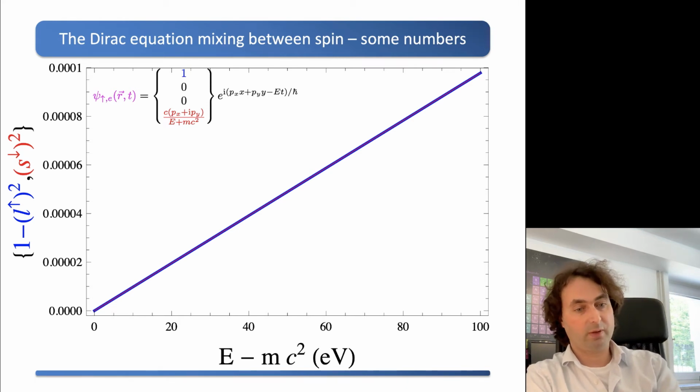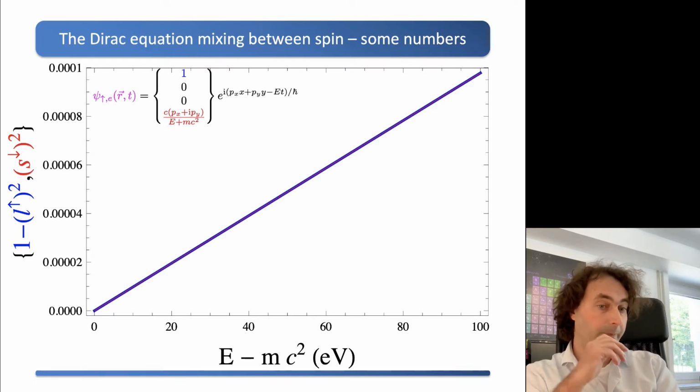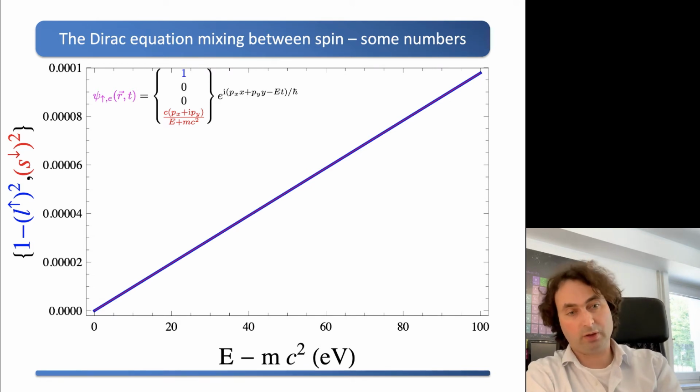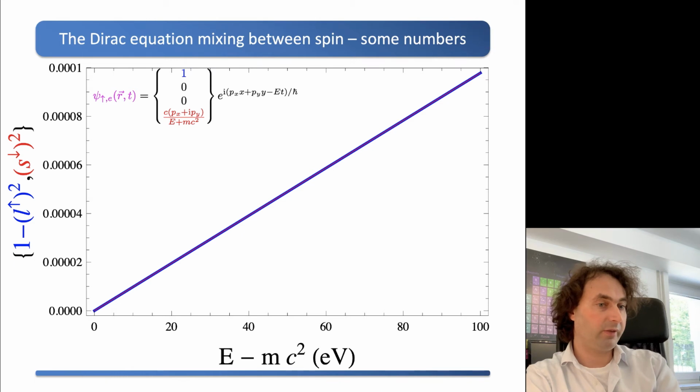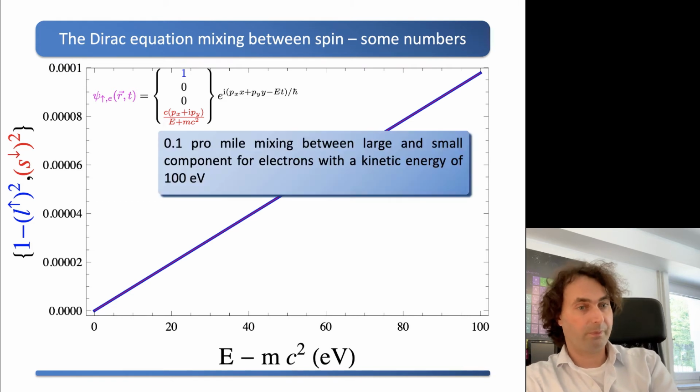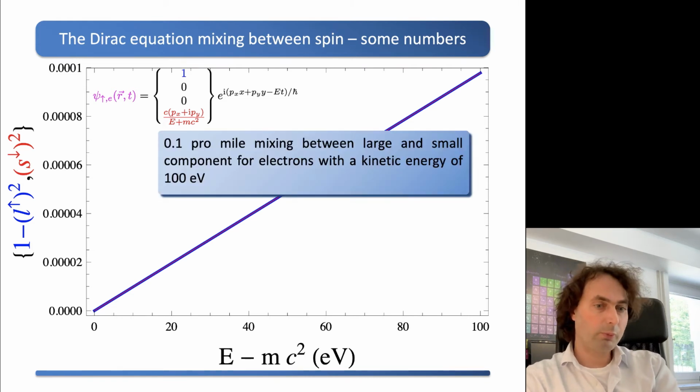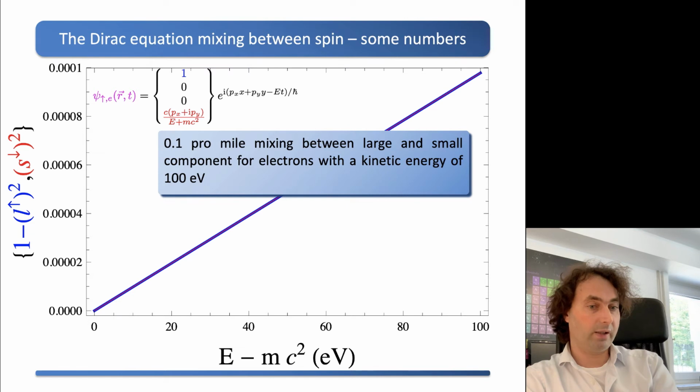And we can now plot this as a function of the kinetic energy, and you nicely see that in the range from 0 to 100 electron volt, this basically gives you a linear dependence, a first order correction with a prefactor of 0.0001. So the small component is really small, 0.1 per mille if you stay with energies below 100 electron volt.